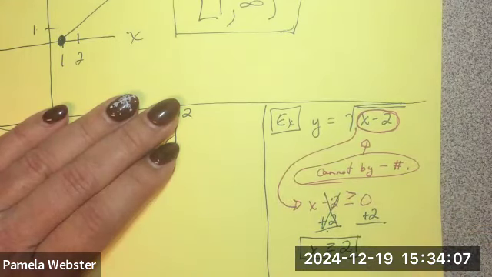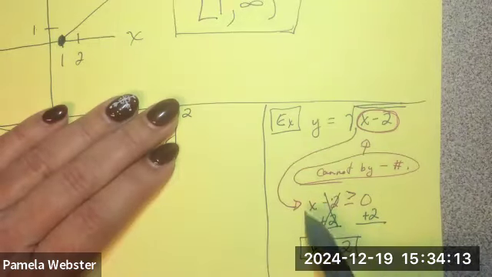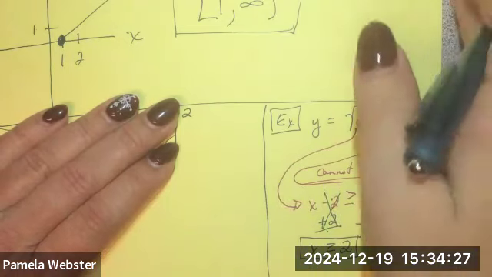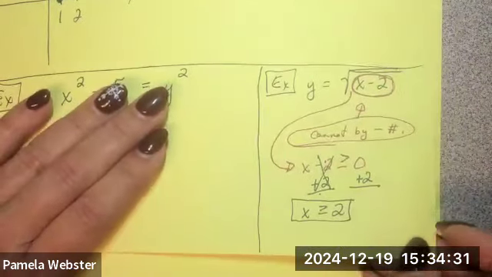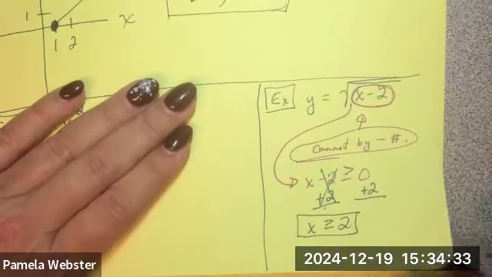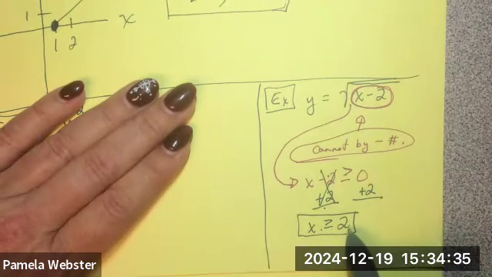That's what I'm looking for here. The only thing that's a problem would be if I needed to multiply or divide by a negative number, I flip the sign. If you don't know exactly what that means, you need to do some work with inequalities. I think there's a review in your homework somewhere. Okay, x is greater than or equal to 2.